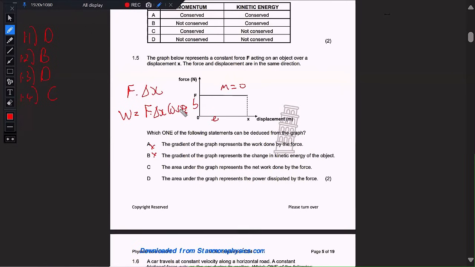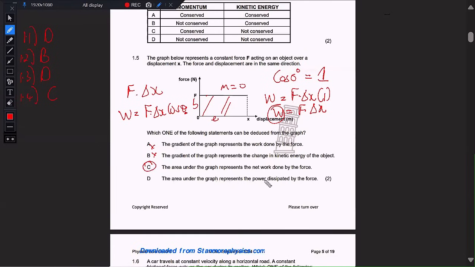Considering that our theta here will be 0 degrees, cos 0 degrees is equal to 1, which leaves us with only F delta x, which is W equals F times delta x, which is what is being represented by this. So if we calculate the area under the graph, what we actually get is the work done by the net force. So C here would have to be correct.